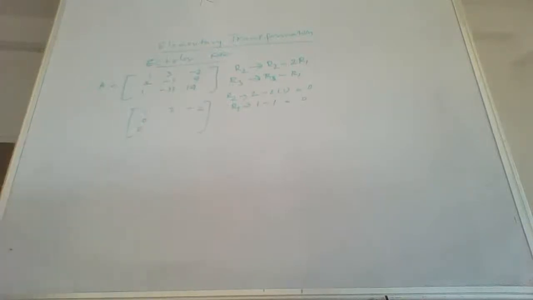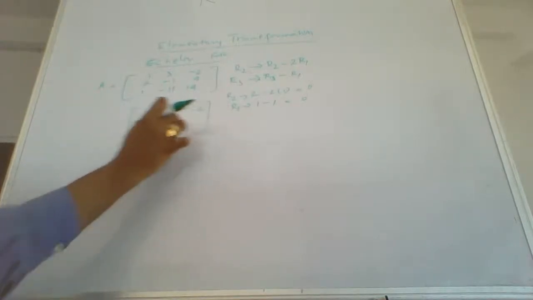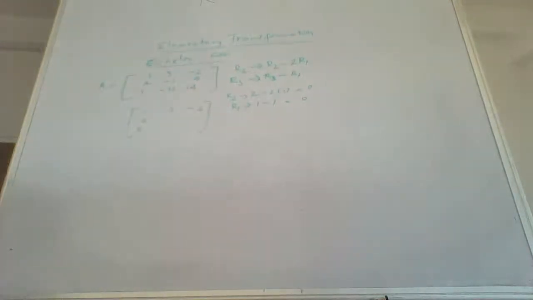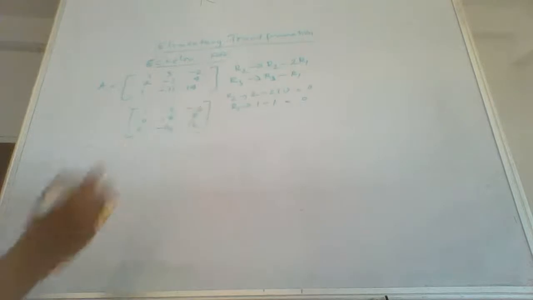Likewise, try to do this for the next one, and the next, and the next, using the same approach. So if I do that, I'll get minus 7, and next I'll get minus 14, and 8 and 16.